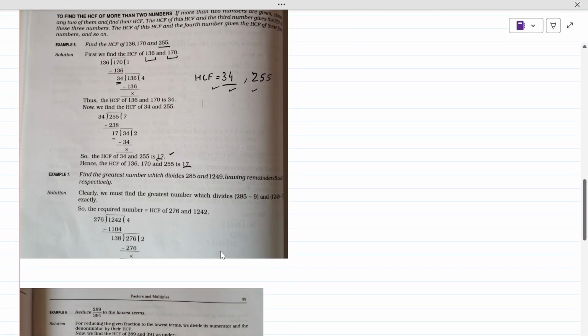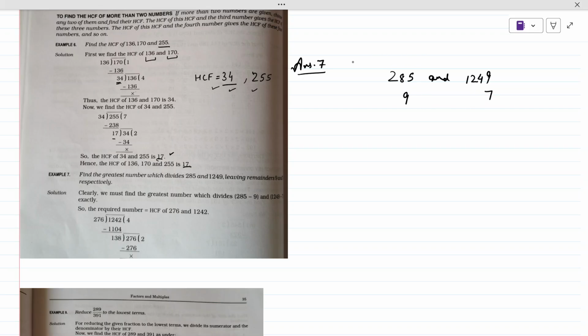Next what we have is: find the greatest number which divides 285 and 1249, leaving remainders 9 and 7 respectively. Okay, so what we have to do here is, kids, first of all, we have to find the greatest number which divides these two numbers, 285 and 1249, leaving the remainders 9 here and leaving the remainder 7 here.